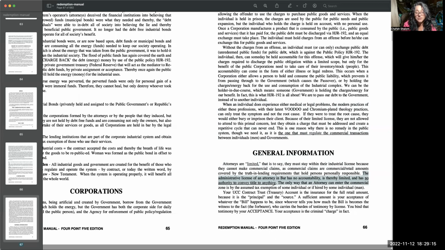The only way that an attorney can enter the commercial zone is by the assumed tax exemption of some individual, or if hired by some individual man.